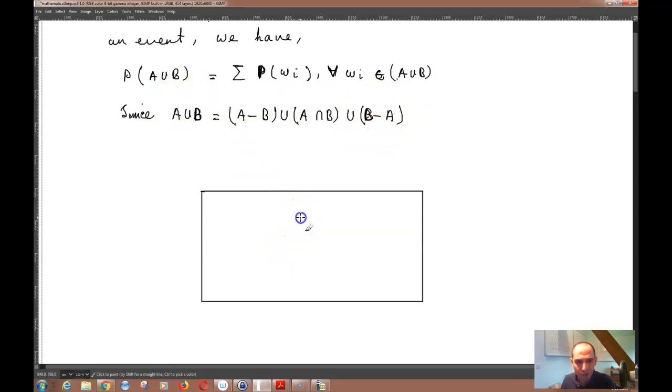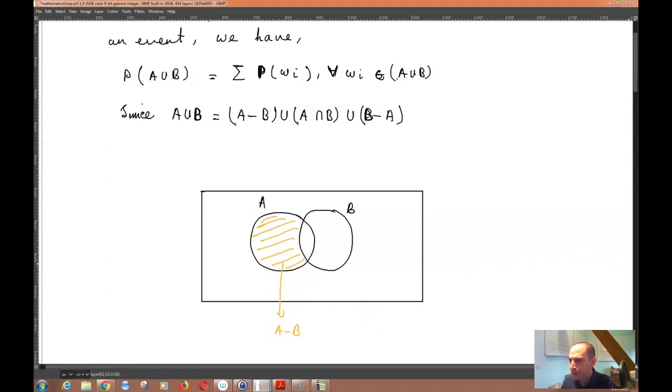So for example, suppose that you have some set over here A and some set over here B, right? Now A minus B is this part over here. This is A minus B by definition. Now B minus A is this part over here.